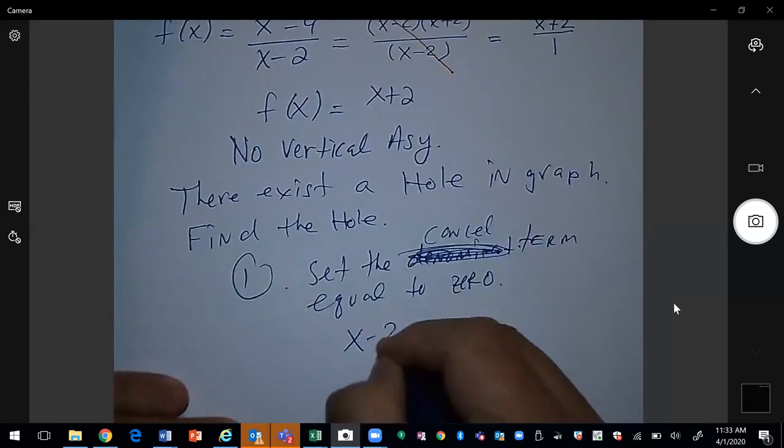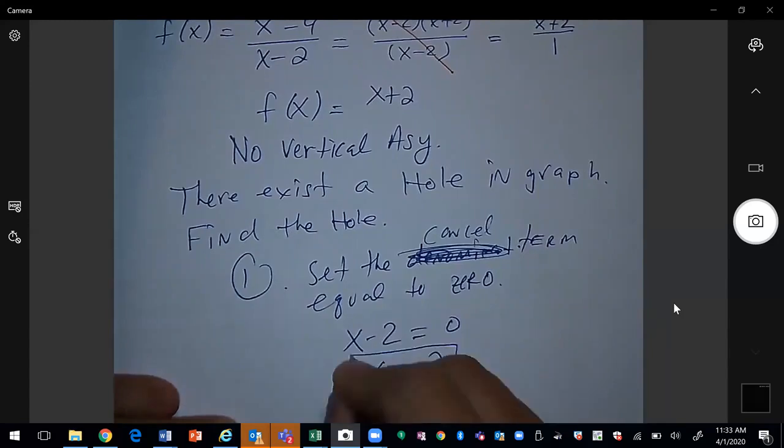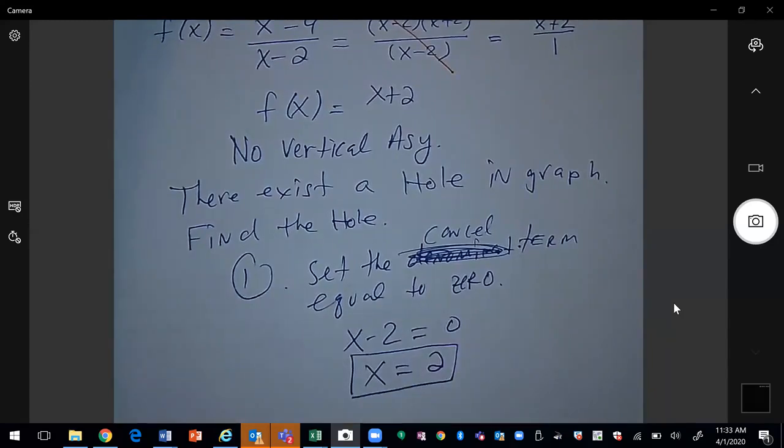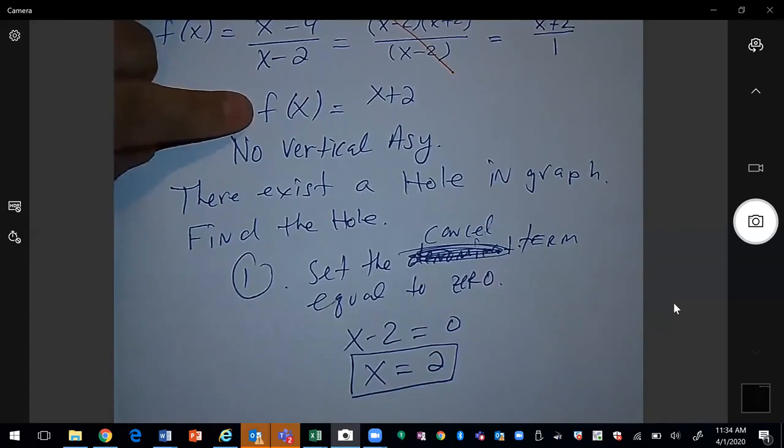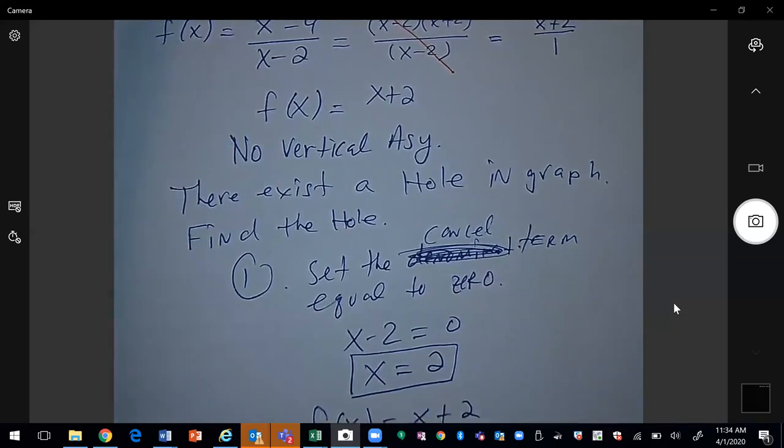That's x minus 2 is equal to 0. So if I solve for x, I get x equals 2. But then we need to find a y for that. Okay, so to find the y, we're going to plug it into what we have left after we canceled the terms. So we're going to plug it into f of x equals x plus 2. So what this means is that there's a hole located at 2, 4.